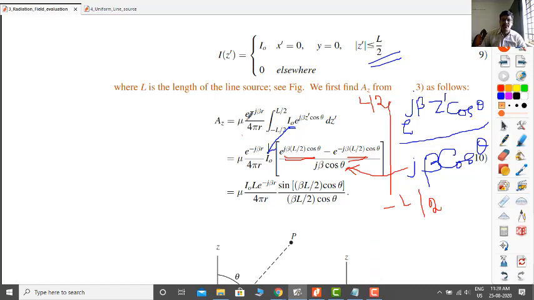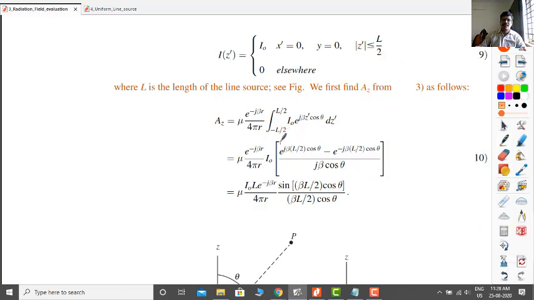Afterwards, what we are going to do is, we can write the numerator as e raised to j theta minus e raised to minus j theta, in this format. It can be written as 2j sin theta. It will be 2j sin, where the argument here is beta L by 2 cos theta.